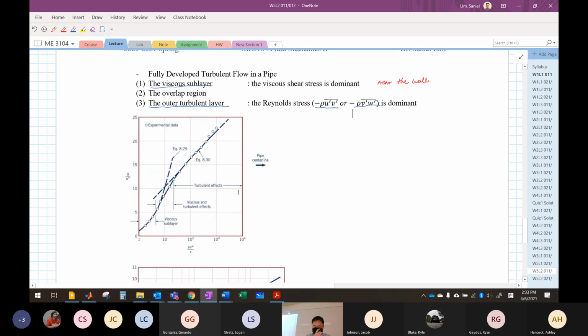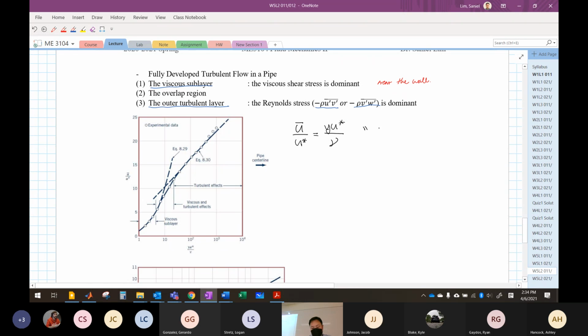So one is for the viscous sublayer. We have one here. Let's write down the equation first. So what we have here is U bar over U star equals y U star over nu.